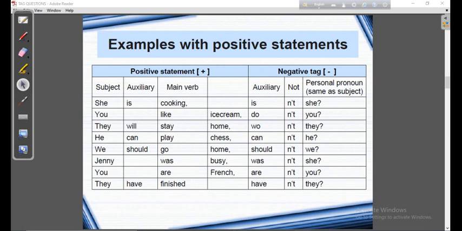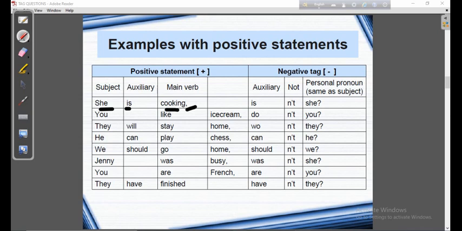Examples of positive statements, negative tag. As I have already said, subject, she is cooking. You know, she is a subject, is is the auxiliary verb, and cooking is the main verb. So how are tag questions formed? I have already said you will have to put a comma.